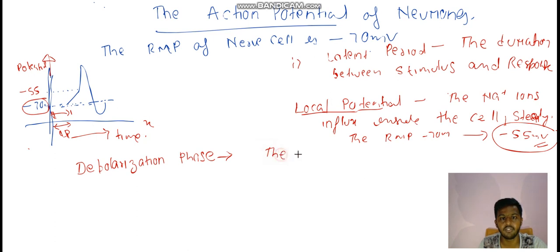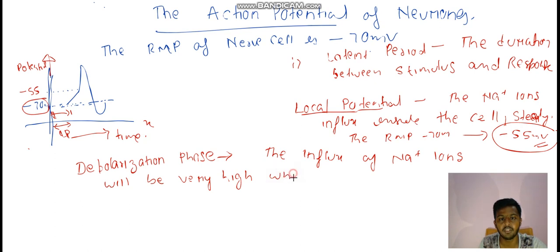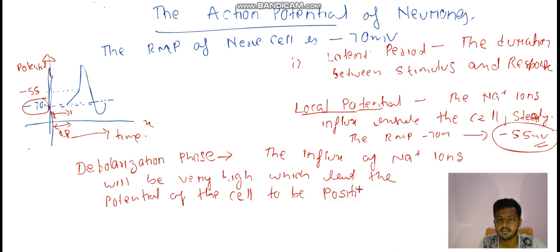So the influx of sodium ions will be very high, which leads the potential of the cell to be positive, and that reaches minus 35 millivolt. So this is the potential during depolarization.